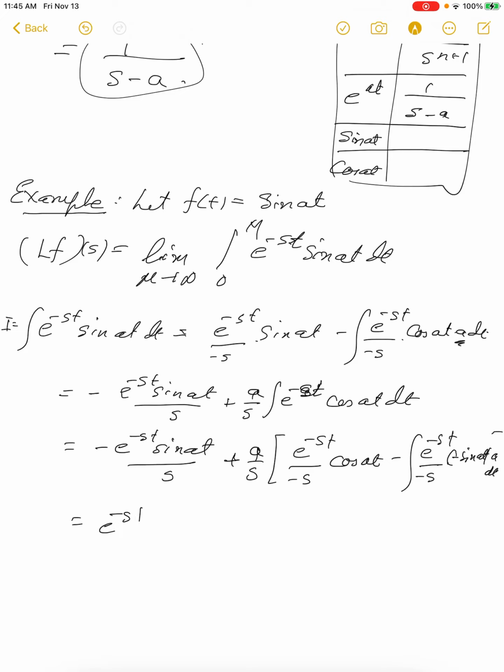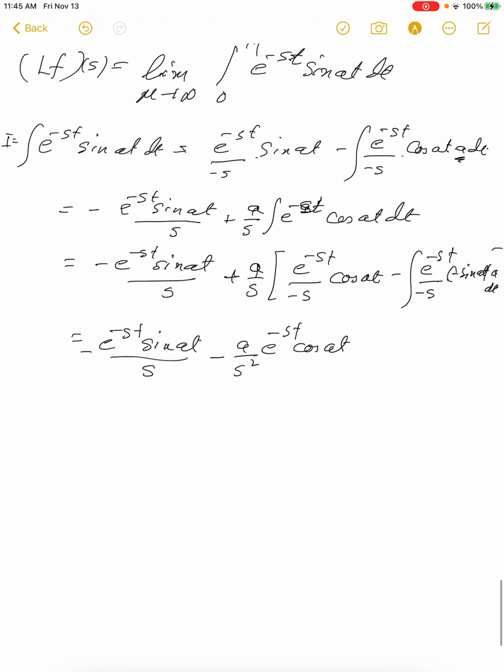So this becomes e^(-st) sin(at) by s, minus a by s squared. This is minus also. e^(-st) cos(at). And then I'm going to get minus minus minus, 3 minuses, so a minus sign. a by s and another a by s will give me a squared by s squared, times the integral of e^(-st) sin(at).